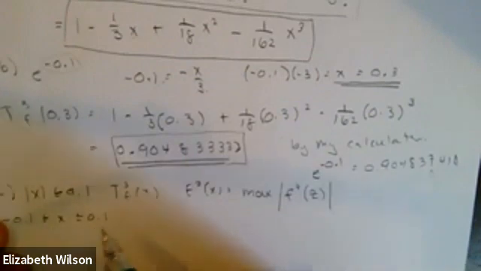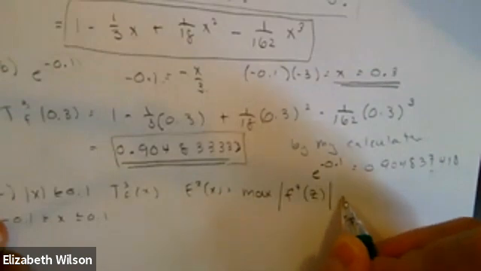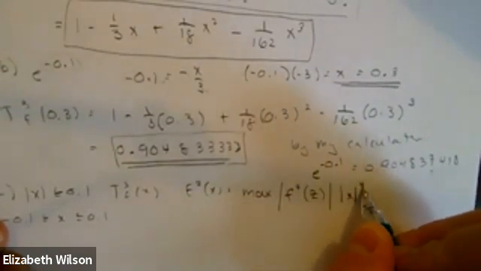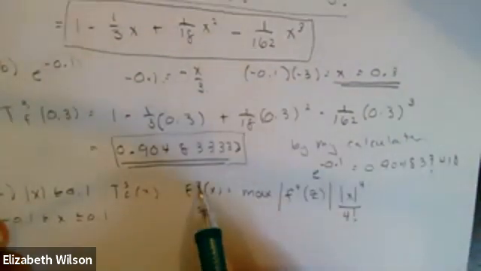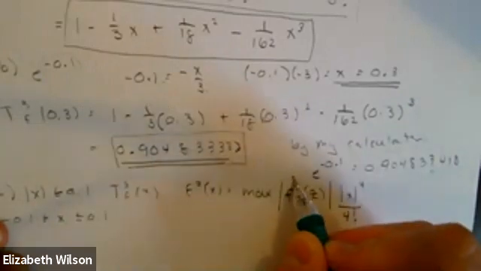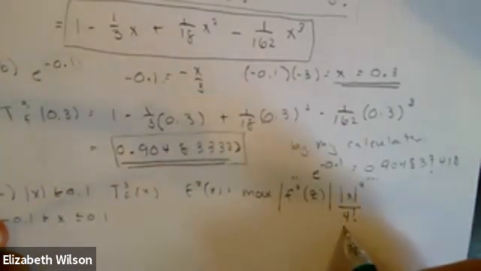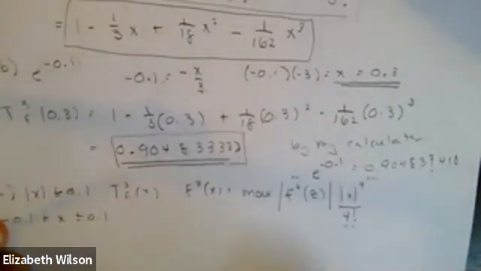So we're looking at a narrow window around here, times the absolute value of x raised to the n plus 1 all over n plus 1 factorial. Right? This is our third, this is n plus 1, this is n plus 1, this is n plus 1 factorial. Okay, so keep that in mind. This is your formula that you're looking for. This part here is the most complicated part, right? That's the part that you have to make some decisions on.